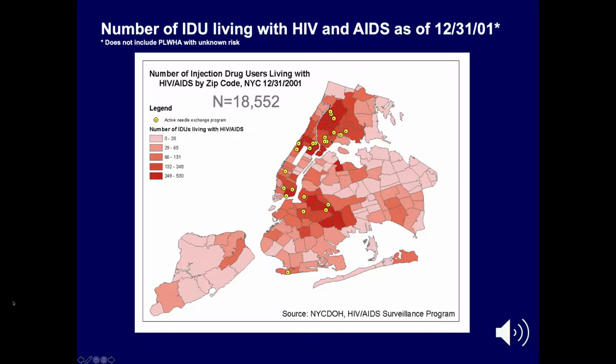But you can also see that there are lots of areas on the map that have high numbers of people with HIV who inject drugs where there's no needle exchange program nearby at all. And this map was used by the health department and our commissioner to advocate for the strategic placement of new syringe exchange programs where there was unmet need.